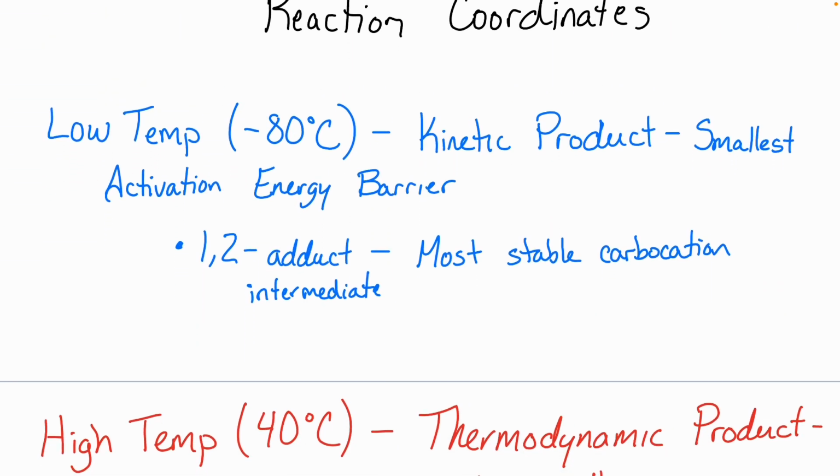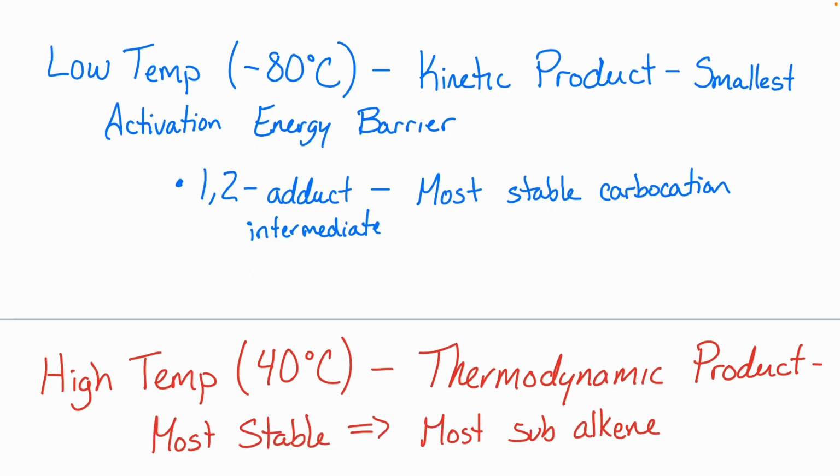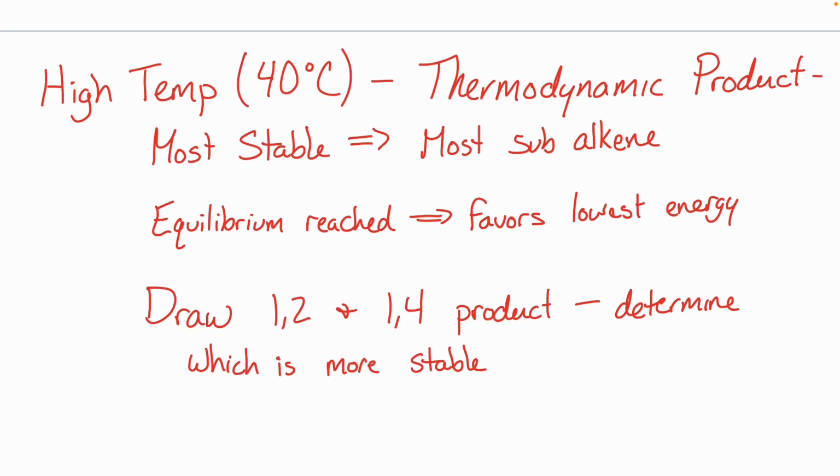For low temperatures, we can simply say it's going to be the 1,2 because that resonance jump necessarily raises that activation energy barrier. But for high temperatures, it's not that easy. We got to draw both of them and compare them and figure out which one is indeed the more stable of the two. Okay? All right.